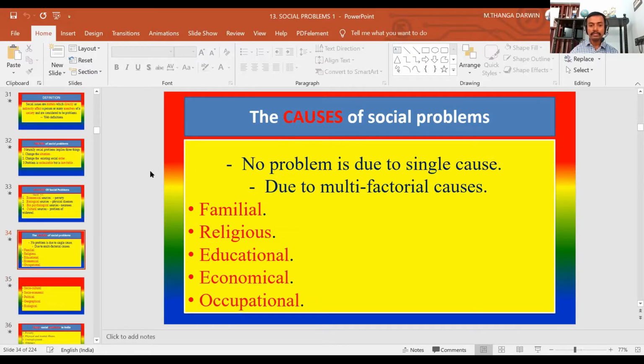Then causes. We have already learned that no problem is due to a single cause; it is due to multiple factors.